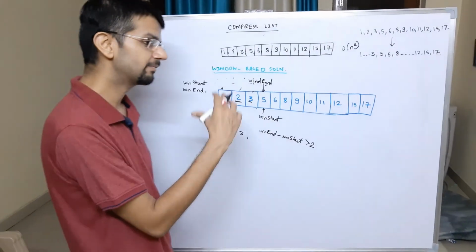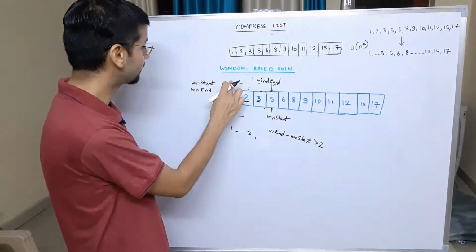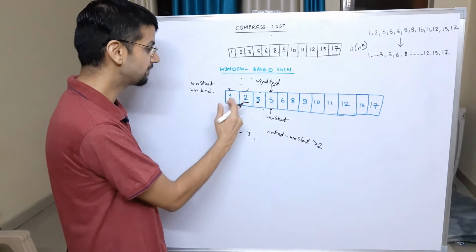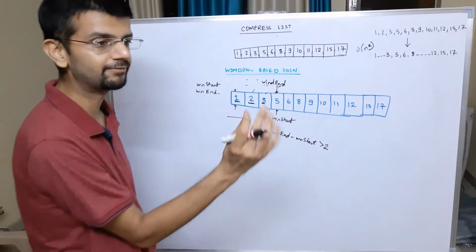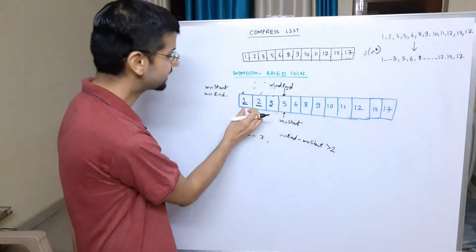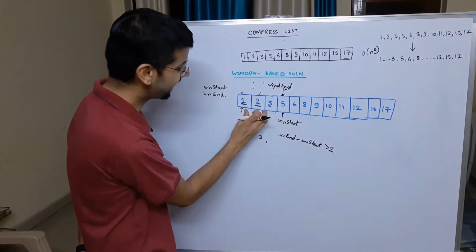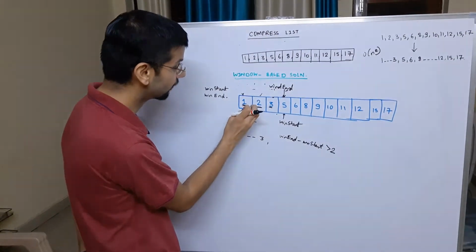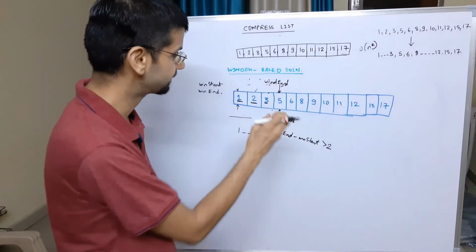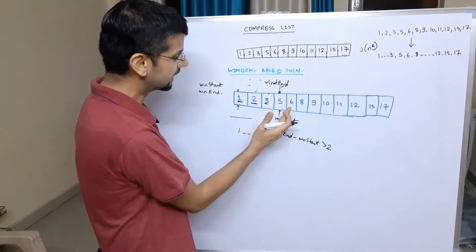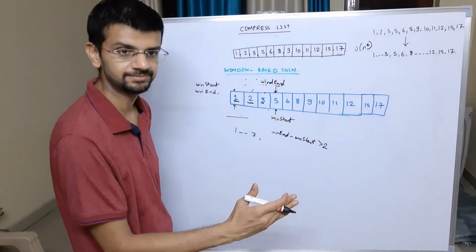Alright, so let me give a brief recap again. We started from here, window start and window end. We move window end one by one, which means we are expanding our window. It's just like a frame. You can think of a frame. We are expanding our frame, taking the next element. If it fulfills the condition, then again taking the next element. If it fulfills our condition, we keep on checking until we get something which blocks it.